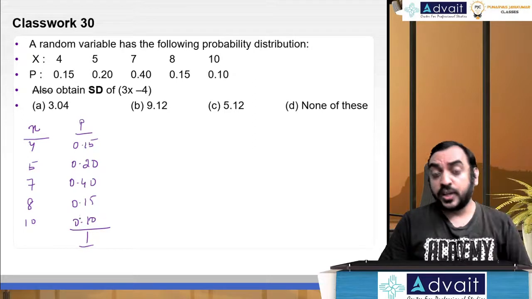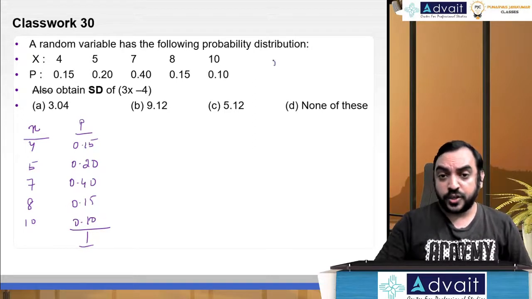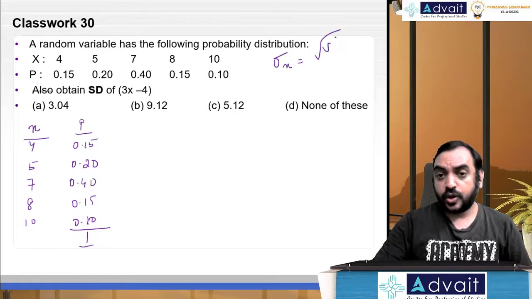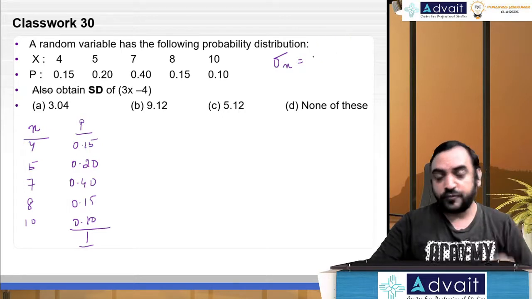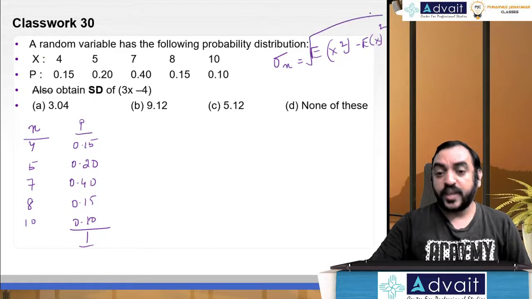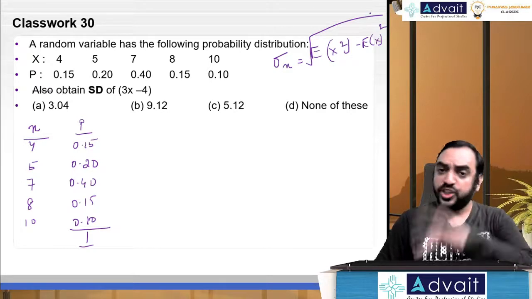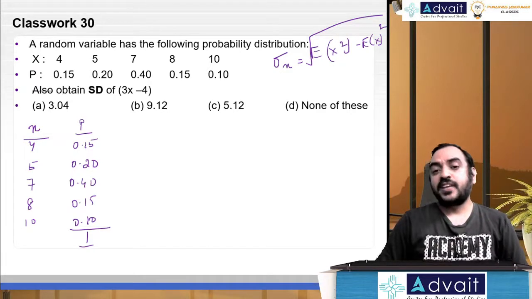And what do we require? Standard deviation of x is going to be the square root of variance. If you know the formula for variance, I told you the easy method when the full-fledged form is like this. It's going to be E of x squared minus E of x the whole squared. This answer is the variance. You take the square root, you get the standard deviation.